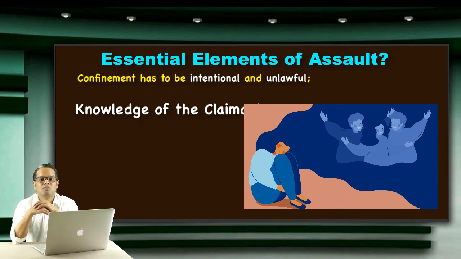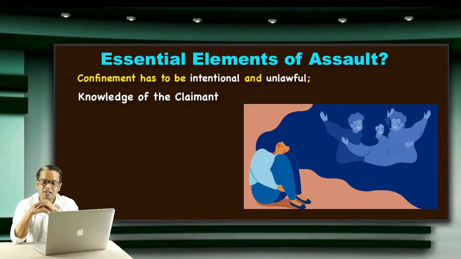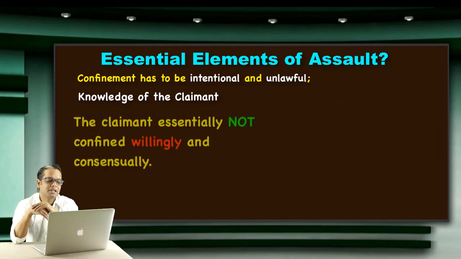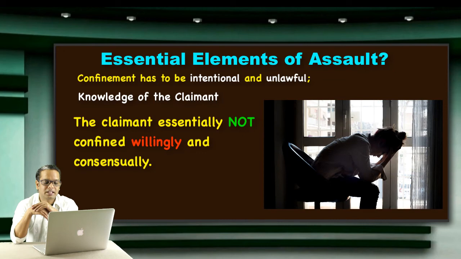In that case, what will be considered is the suffering of the claimant, how much he or she suffered. So knowledge of the claimant may or may not be required. The last one is that the claimant is not confined willingly and consensually. Of course, the claimant's consent is not there. So we have three essential elements of false imprisonment.